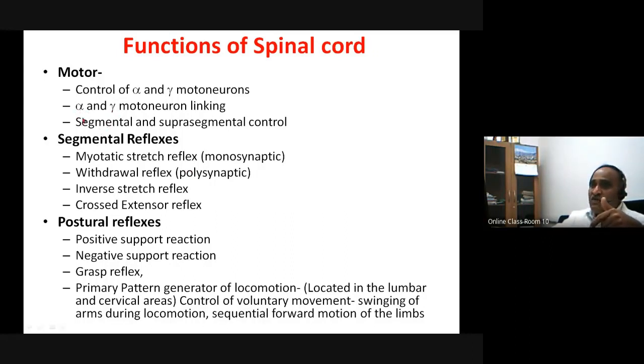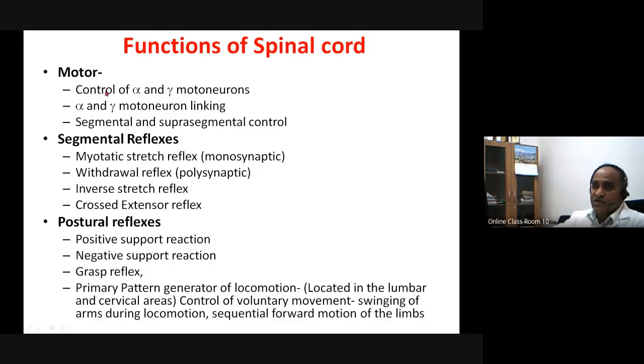Then there will be segmental and suprasegmental control, because the same muscle is not supplied from a single segment but from other segments, because some of the fibers have to be inhibited and some facilitated, and that is the motor function.